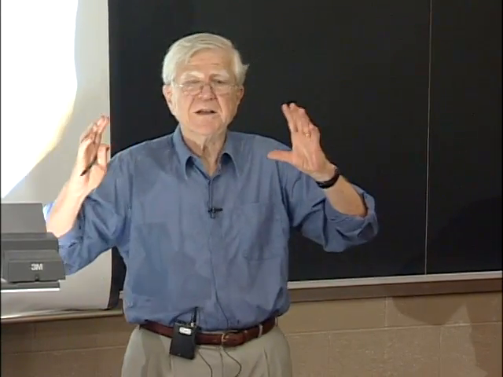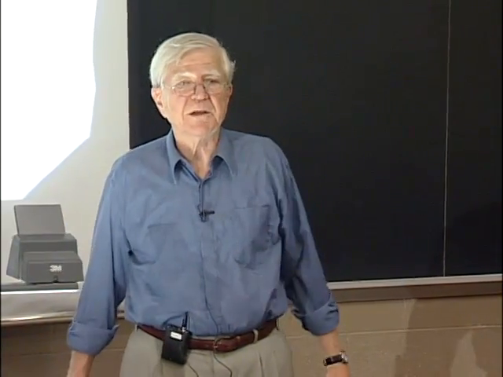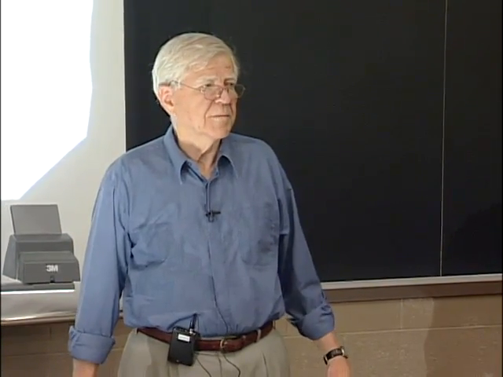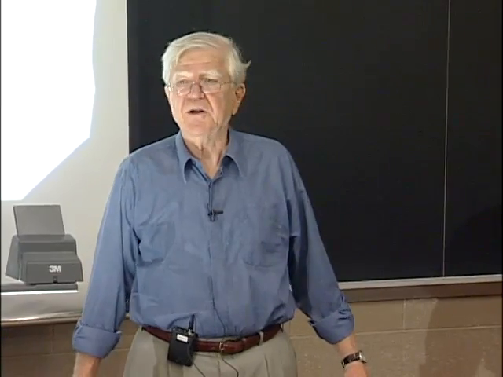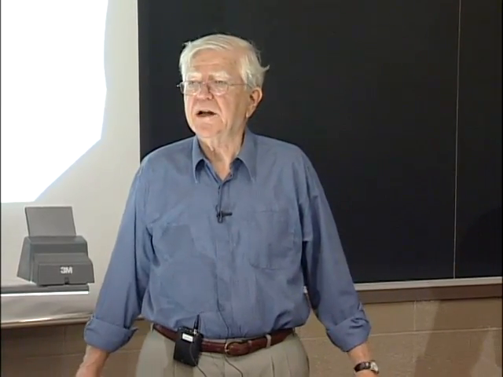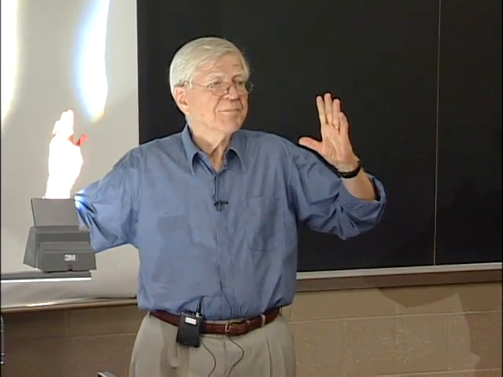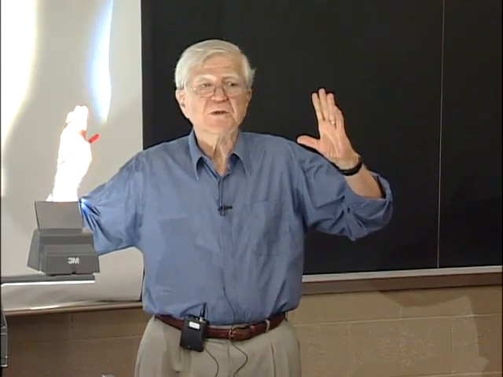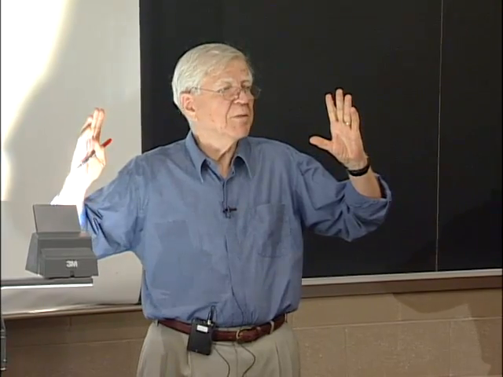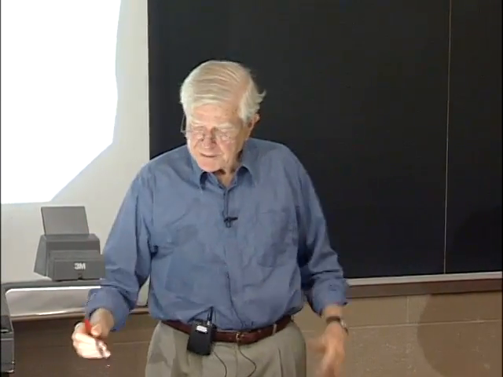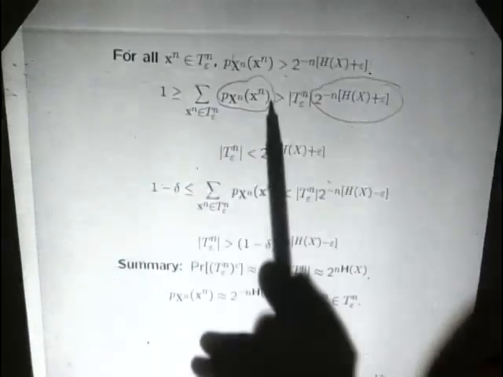There's a bunch of other things which all have equal probability, and the number of them is enough to add up to 1. So I have turned this source, when I look at it over a long enough sequence, into a source of equiprobable events. And each of those events has this probability here. Now we know how to encode equiprobable events.